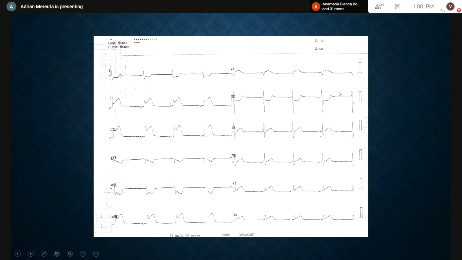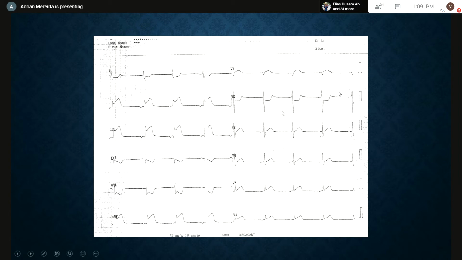But the cause is very clear because we see an inferior MI. We see the ST elevation in leads 2, 3, aVF, but in this case it's even more, because you can see ST elevation in V5 and V6. That means a lateral extension, and as well in V1, which means probably right ventricle infarction. And speaking about infarction, usually the minor changes are normal in high lateral leads like lead 1 and aVL, but not in precordial leads.